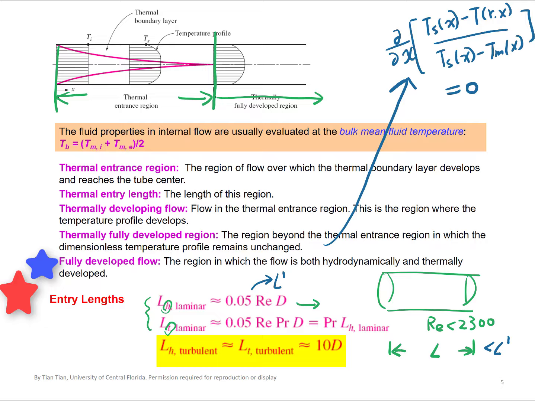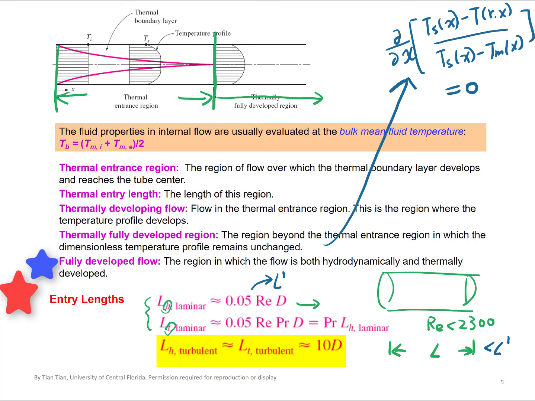For turbulent flow, we see the formula is simple. Hydrodynamic entry length and thermal entry length for turbulent flow are of the same size. They're both 10 times the diameter. That means as long as the length of your pipe is more than 10 times the diameter, then by the end of the pipe, the flow is fully developed already.